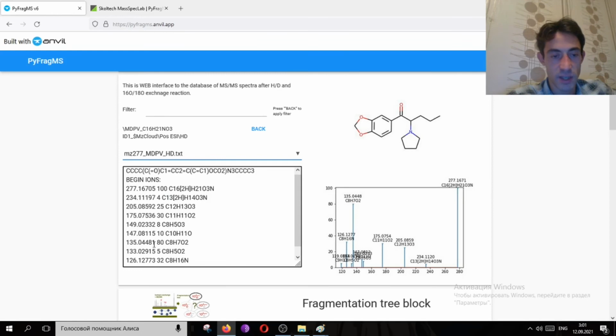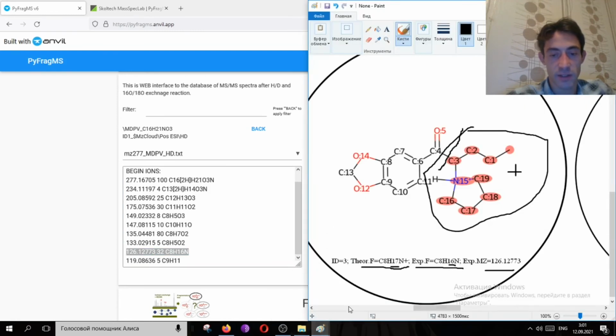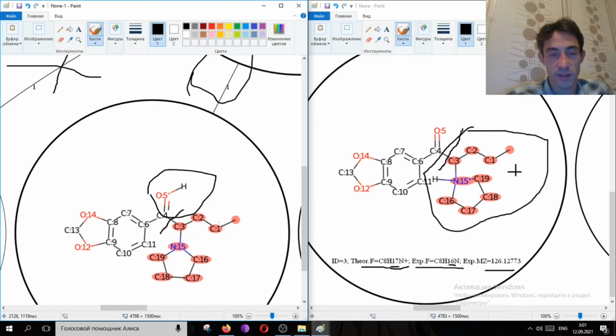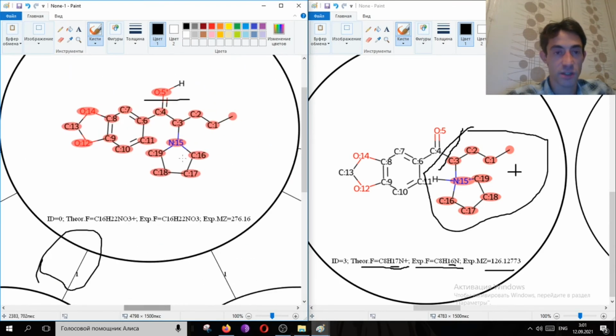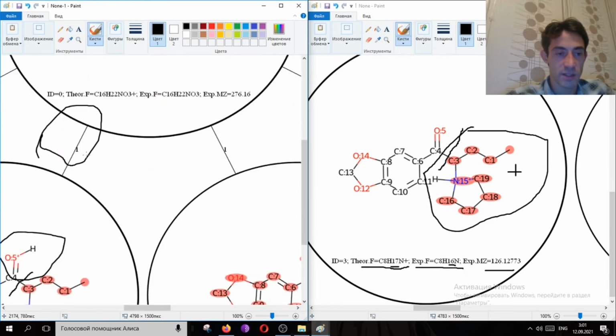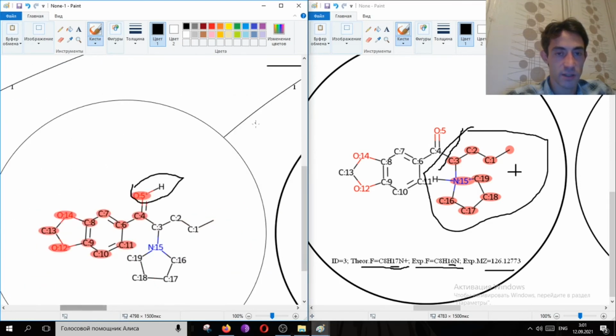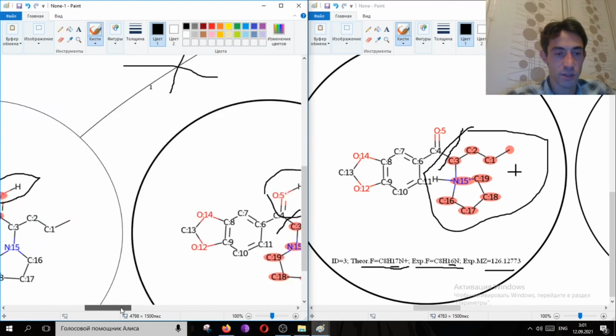We can see that this fragment indeed does not carry deuterium. So it means that if ionization occurs here, then this fragmentation pathway is possible, and this fragmentation pathway is not possible.